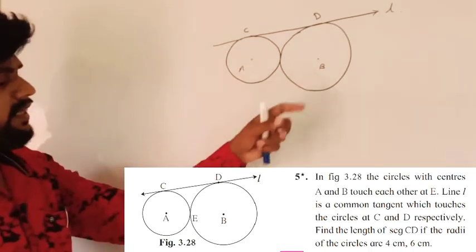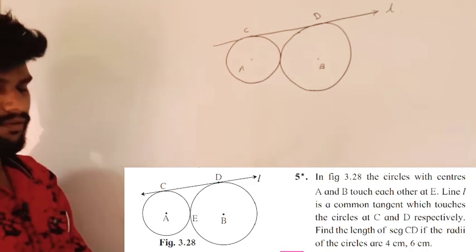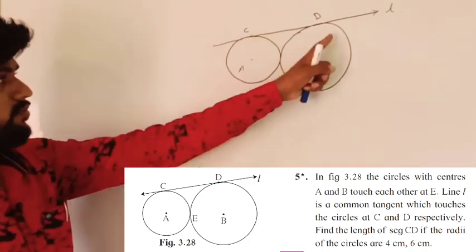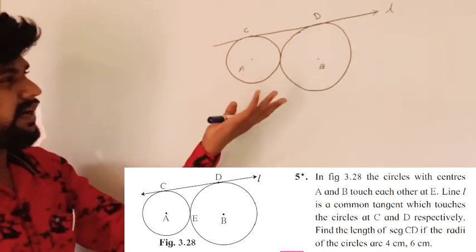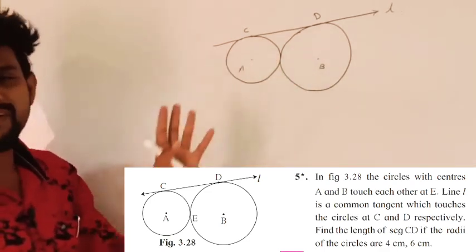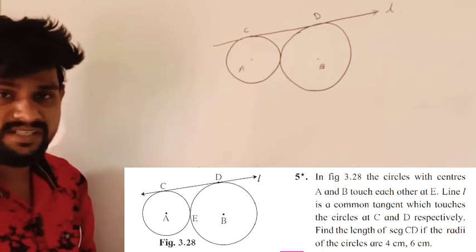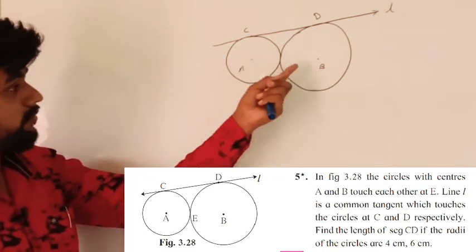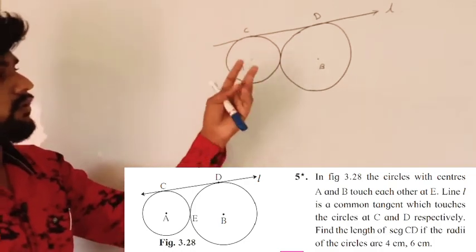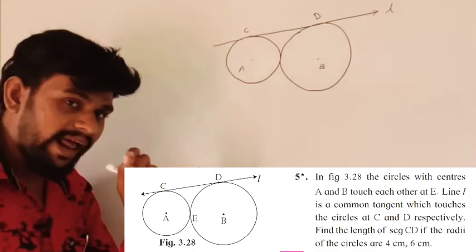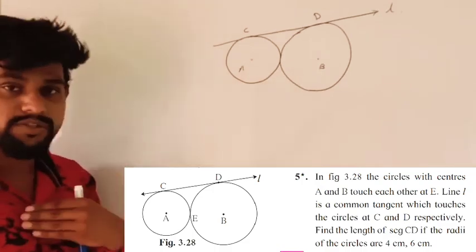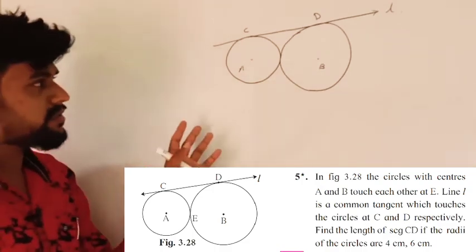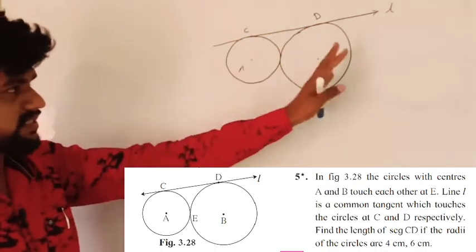The question asks us to find the length of segment CD, and we can't find it without construction. So first, do construction in this diagram, as if the diagram is speaking to us.